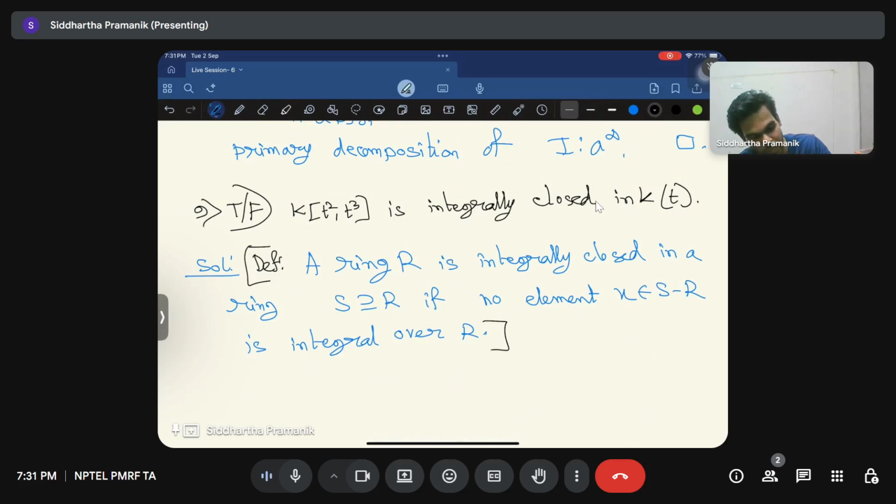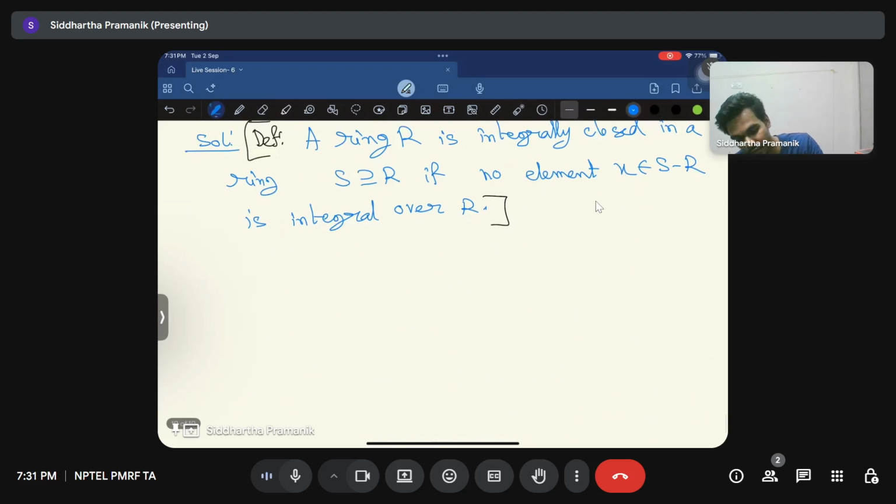So we need to check here we have k(t), which is the fraction field. So I will write it here. If you take the integral domain, the polynomial ring k[t], then its fraction field is k(t), and this contains k[t^2, t^3].